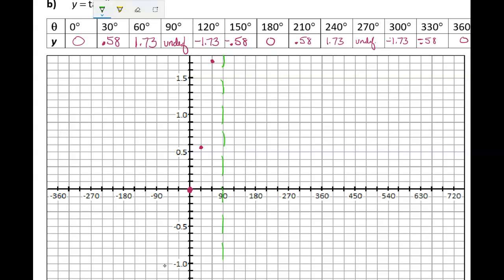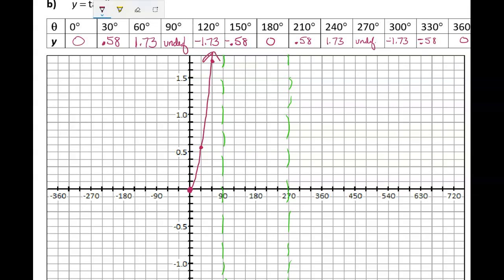So I'm going to draw in a little dashed line for a vertical asymptote there at 90 degrees, and I'm just going to go ahead and do it at 270 degrees, another place where we have an undefined value for tangent. And then we can repeat that cycle later when we sketch the rest of this. So this piece of the tangent function looks like it's shooting up toward infinity.